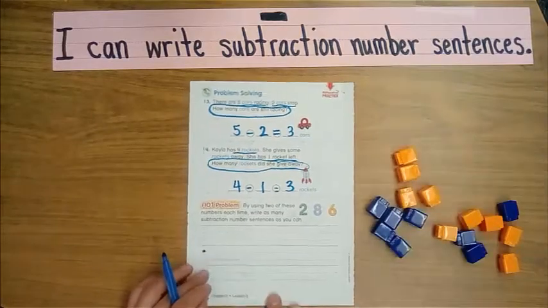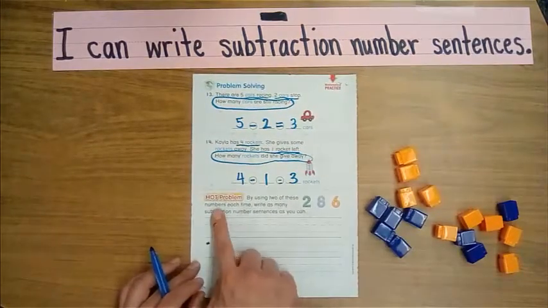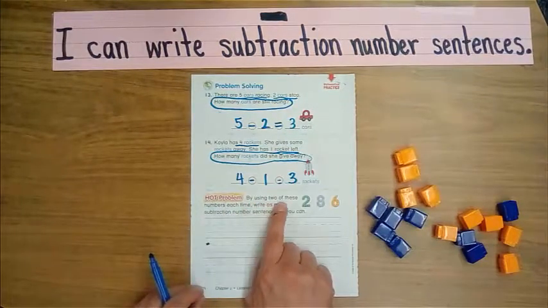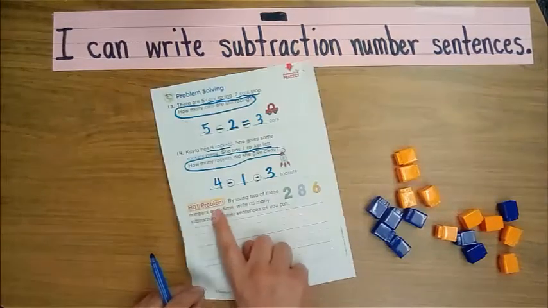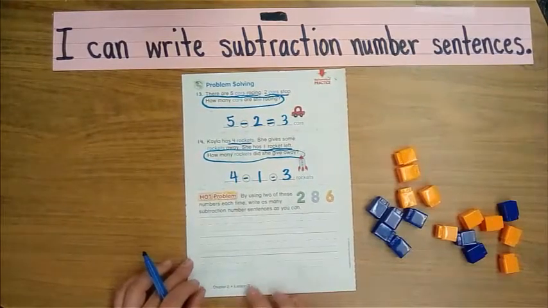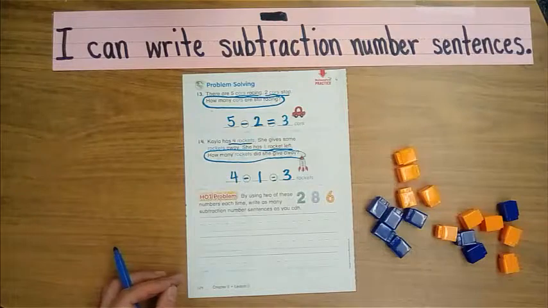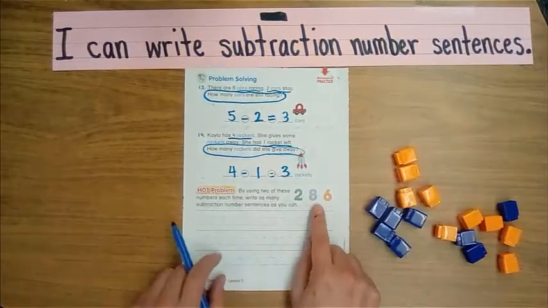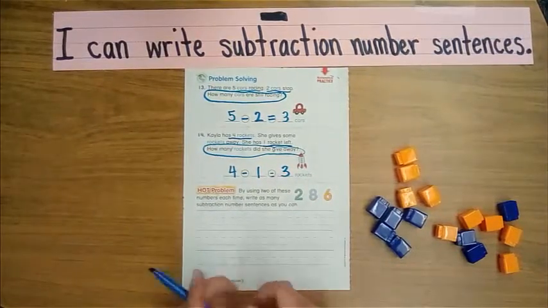Now, let's go to the last problem. And it says, hot problem. By using 2 of these numbers each time, write as many subtraction number sentences as you can. All right? So let's take a look and see, how could we write a subtraction number sentence?